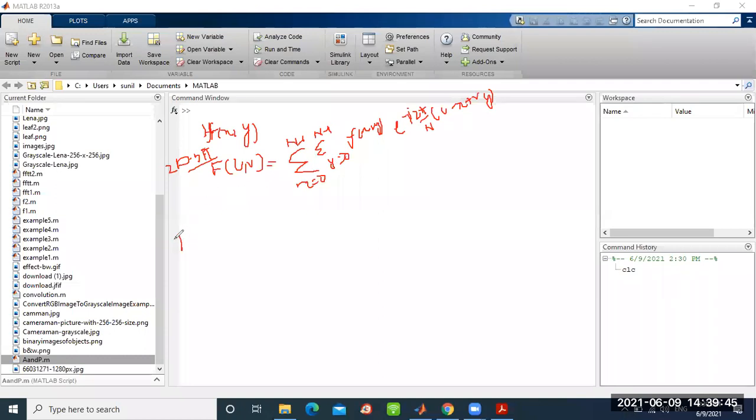Similarly, we have the IDFT. Yes or no? Inverse discrete Fourier transformation formula.